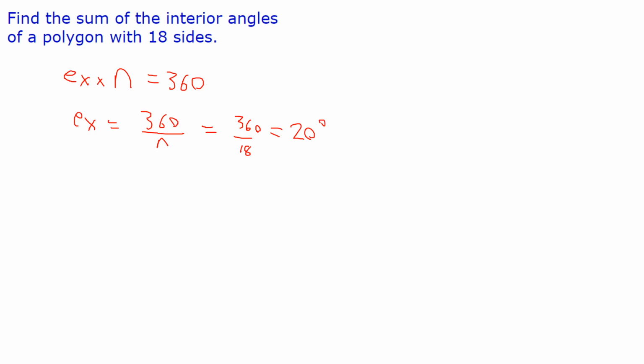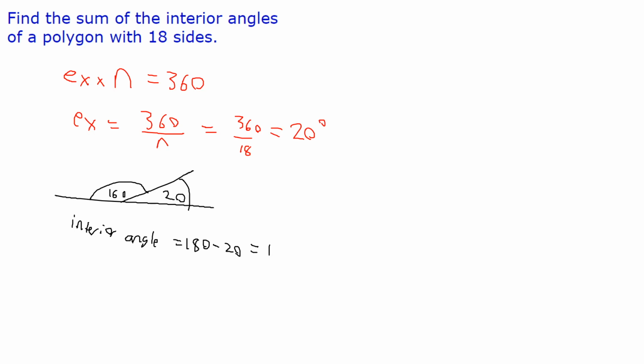So now we know that this angle here is 20. So what is the interior angle going to be? The interior angle is just going to be 180 minus 20, which is just equal to 160. Okay?